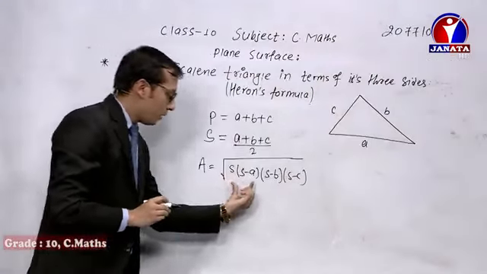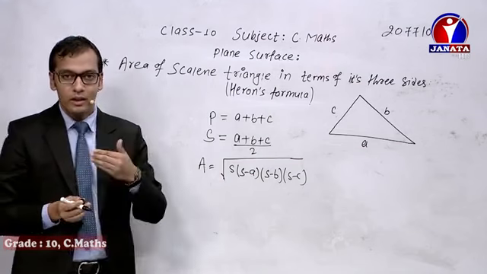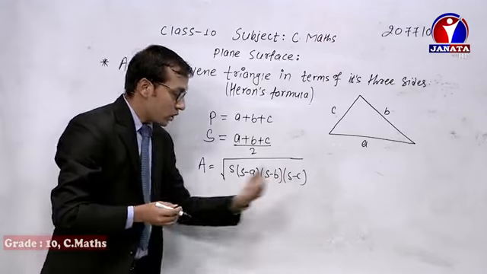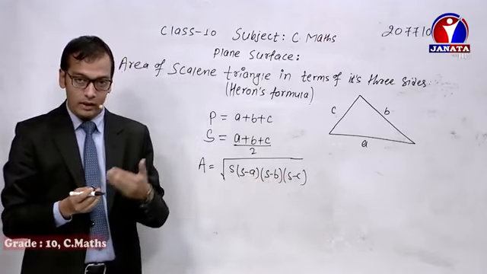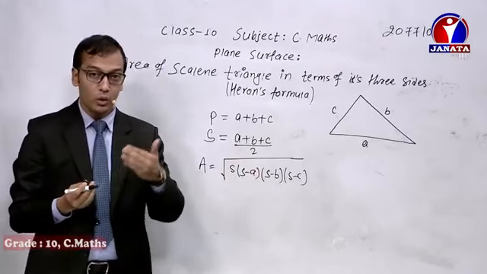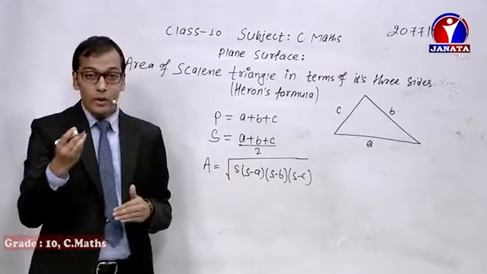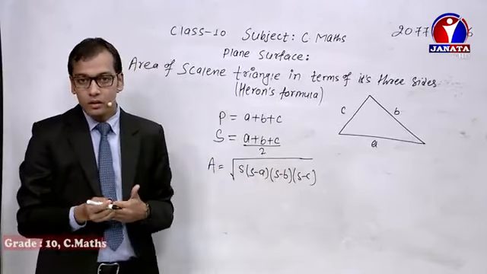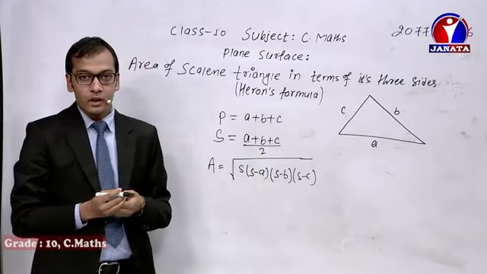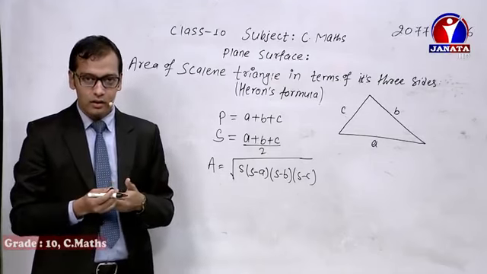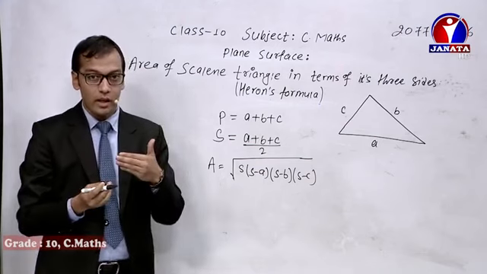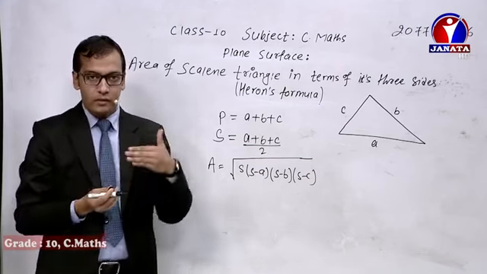This is a formula to find the area of a scalene triangle when a, b and c, the three sides, are given, or by using this formula we can find any of the unknowns. What is s? Semi-perimeter. What are a, b, c? Sides of the triangle, and A is its area. We will practice some of the questions in the exercise after I complete explaining the different triangles.